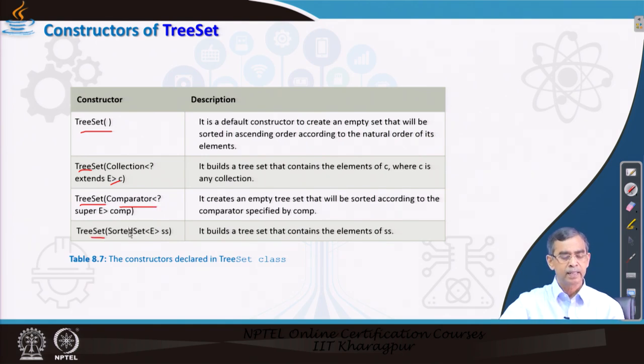And tree set can also be used with an existing sorted set. Sorted set is another concept where the ordering is mentioned, so a sorted set can be given as an input to create a tree set collection.